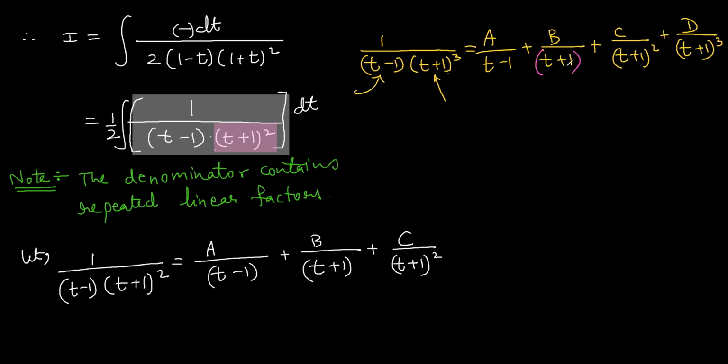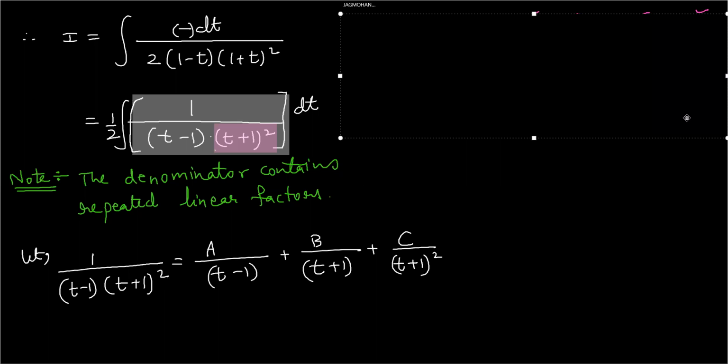Then you will gradually increase the power of t plus 1 in the denominator. The next has t plus 1 square, and the next has t plus 1 cube. There will be 4 constants, A, B, C, D. Here there are 3 constants. So I hope you have understood.